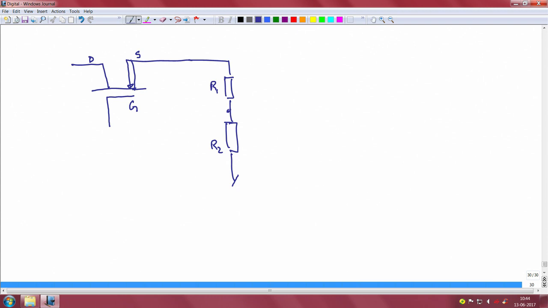This is the point where I sense, and I will be connecting it to the error amplifier, to which is connected a Vref. The output actually drives the gate. What is this point? V out. What is this point?